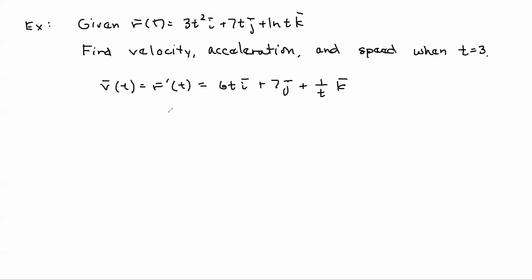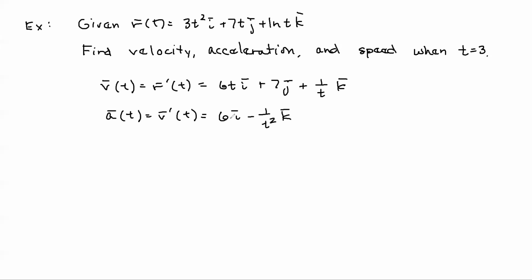And then we can find the acceleration vector. That's equal to the derivative of the velocity vector. So to take the derivative of 6t, we get 6. The derivative of 7 is 0. The derivative of 1 over t is going to be minus 1 over t squared.